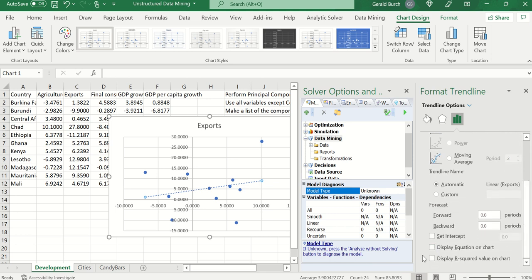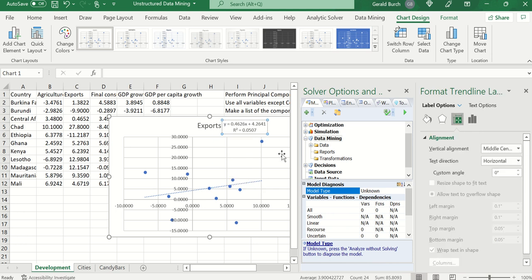You can also go in, and we've done it before, and add the equation. It says that now we have a relationship between agriculture and exports. In this case, agriculture is on the Y value. Agriculture equals 0.4626 times whatever the value is for exports, plus an intercept.